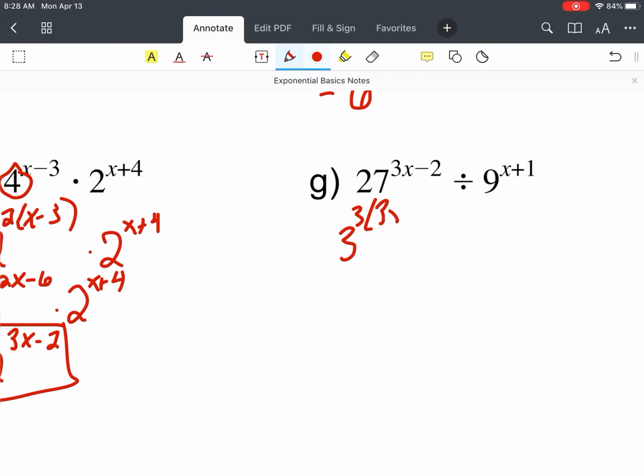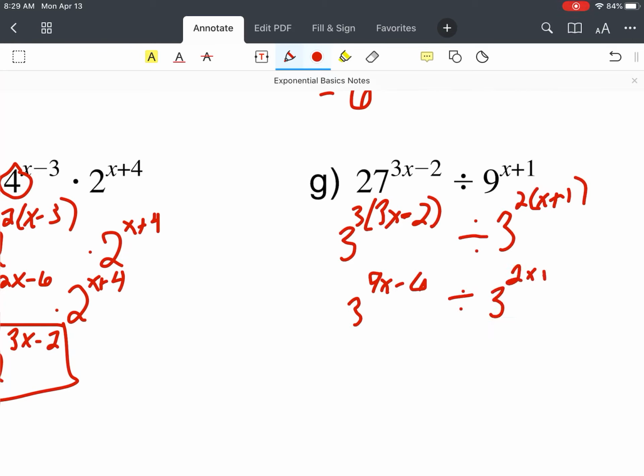Okay? 27 is 3 cubed. 9 is 3 squared. So this is 3 to the 9x minus 6 divided by 3 to the 2x plus 2.